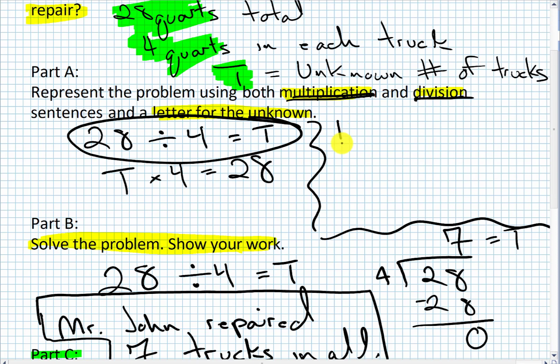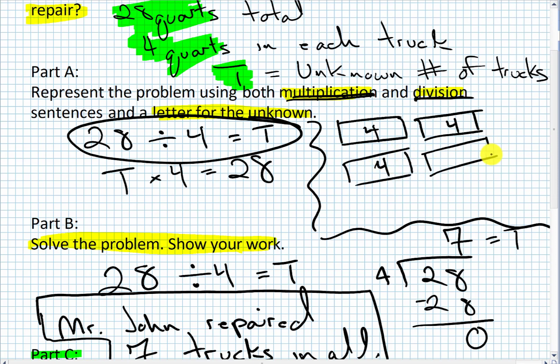And I'm going to represent the trucks with these little rectangles. And I'm going to put a 4 inside of each rectangle, because that means I'm using 4 quarts of oil inside of each. So that's 4, 8, 12, 16, 20, 24, and one more makes 28.